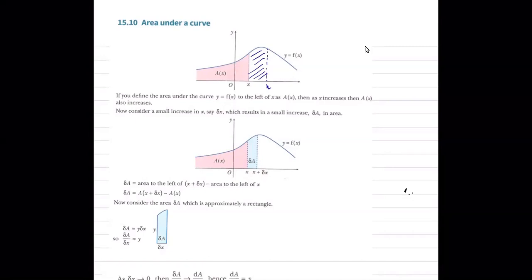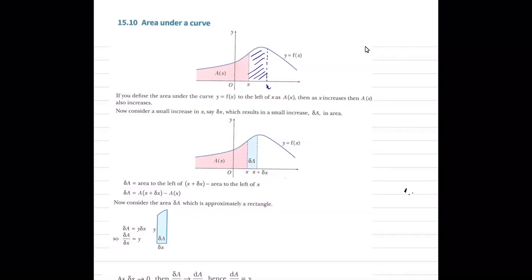So because of this very small change in value, it results in a very small change in the area as well. Now, when you insert the new value of x as x plus del x, the area bounded by the curve and the x-axis is now going to be A of x plus delta x. So the total area has increased.